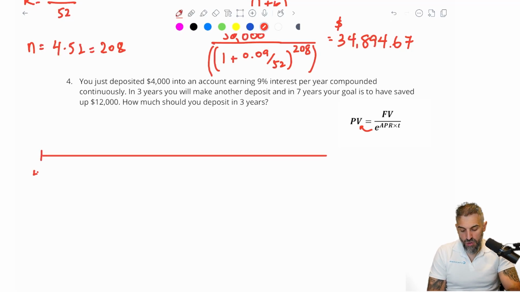I started with 4,000. That's today at time 0. 3 years from now, 1, 2, 3, I'm going to deposit another amount. And then in 7 years, so that's year 1, year 2, year 3. And then I'll break that. And at year 7, I want to withdraw 12,000.